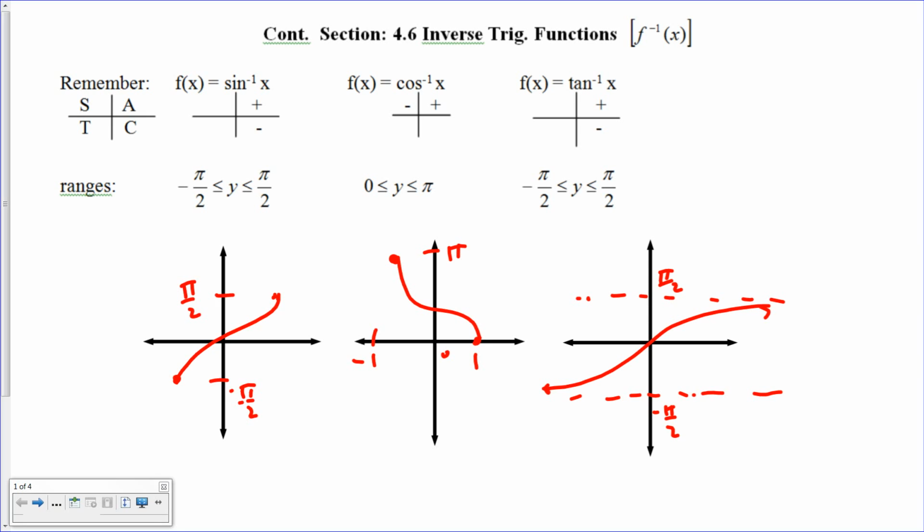And on these three graphs, you can see the range is on the y-axis, and that's what's written right up above it. Those ranges are very important because that's where they're defined, and that's where your calculator is going to give you answers. So, for example, I wrote down a way that you can write that as a shortcut, and the shortcut is up here.